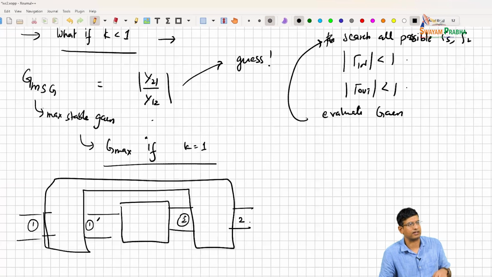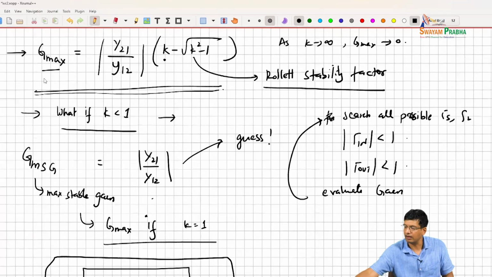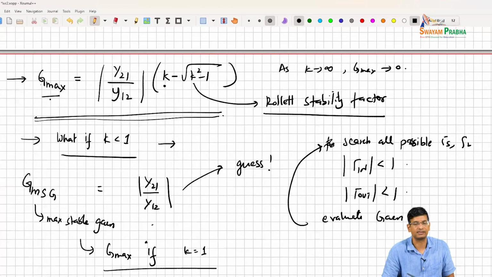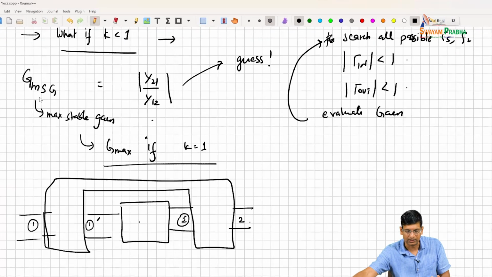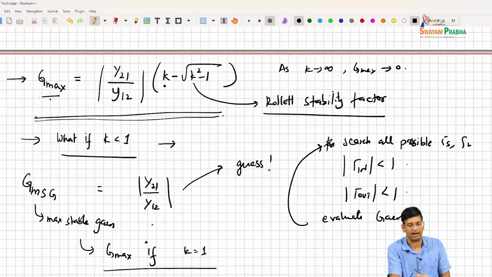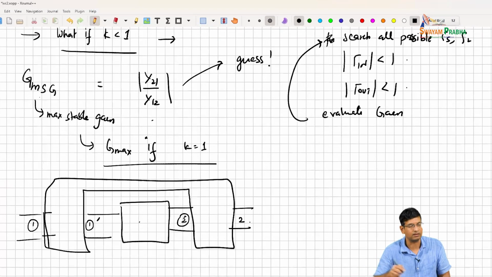So it effectively has a 4-port network, but you can put an embedding network around your transistor that gets you gain higher than what G max is. G max is just based on the native transistor's Y parameters, because this K is computed from the Y parameters. But when you put this embedding network around, you are changing the parameters, so you can get a gain that is higher than G max.